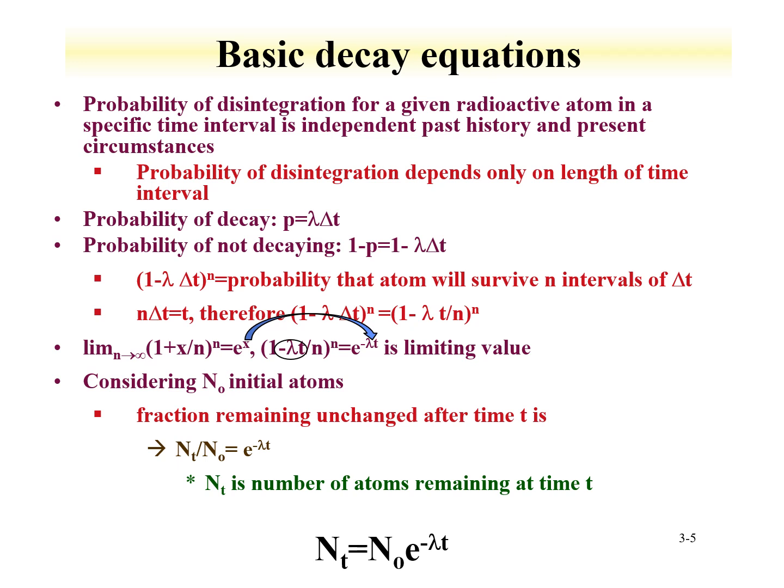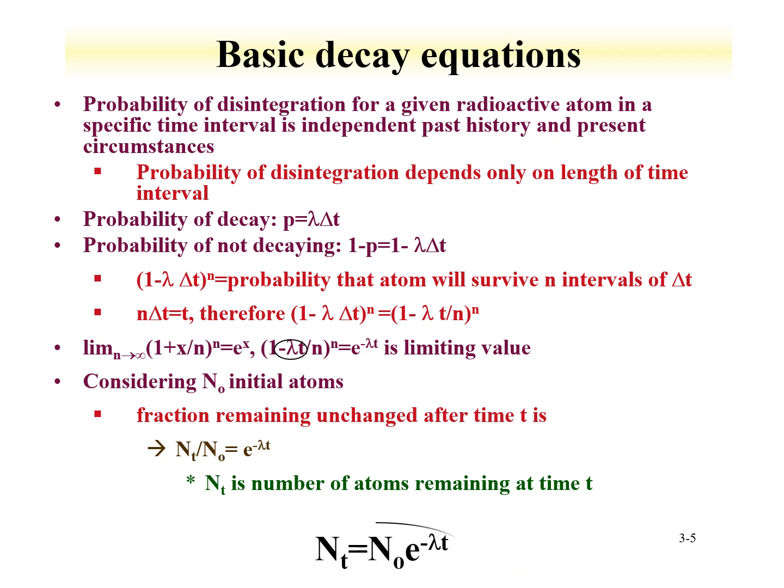So this is how we derive one of the fundamental equations to talk about radioactive decay. If we have N naught initial atoms, we want to know the fraction that's unchanged in time t. We've seen this equation before, where N is the number of atoms remaining at time t. So N divided by N naught is equal to e to the minus lambda t.